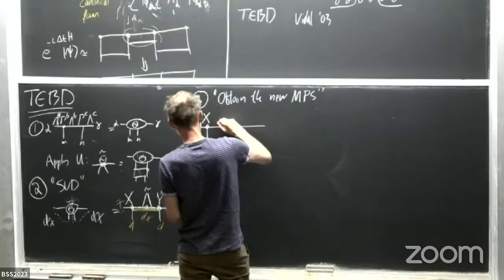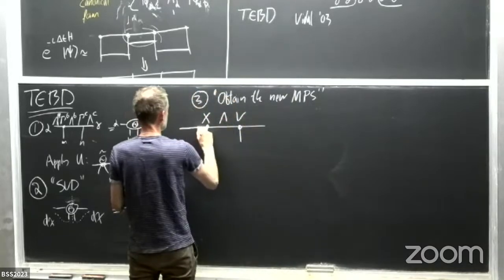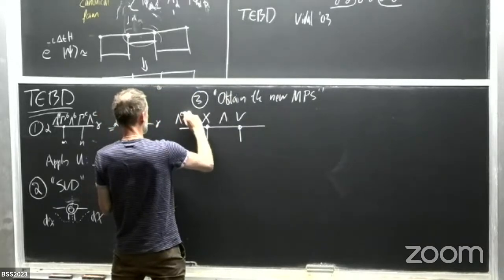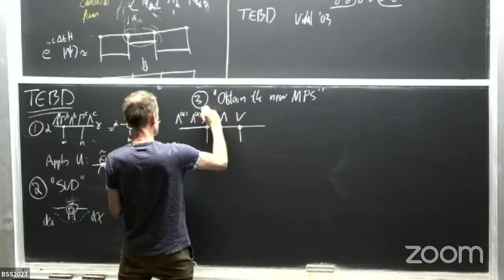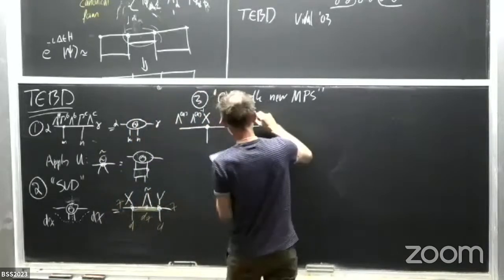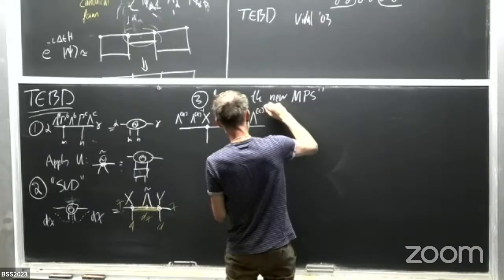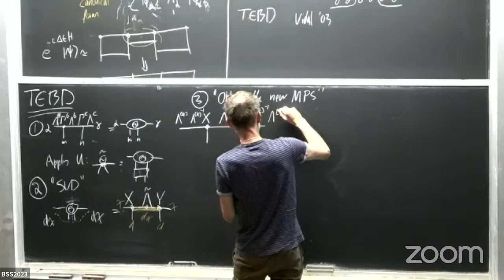So I have here my X, lambda, Y, and now I just insert here a 1. So I have my lambda A times lambda A inverse. And then from the left, I have my lambda C inverse, lambda C.